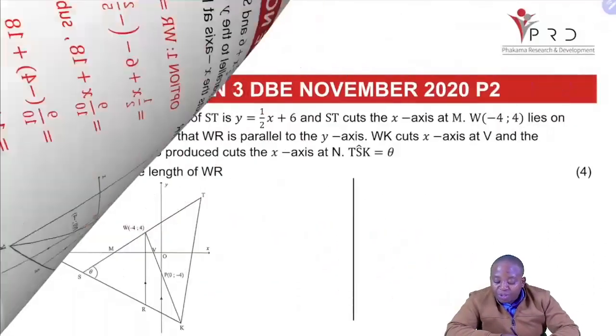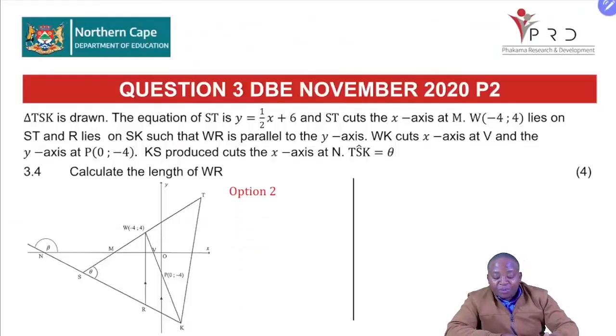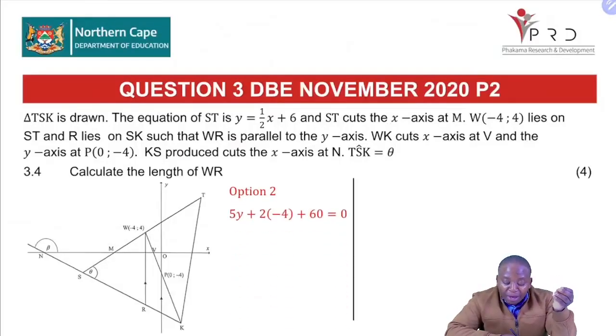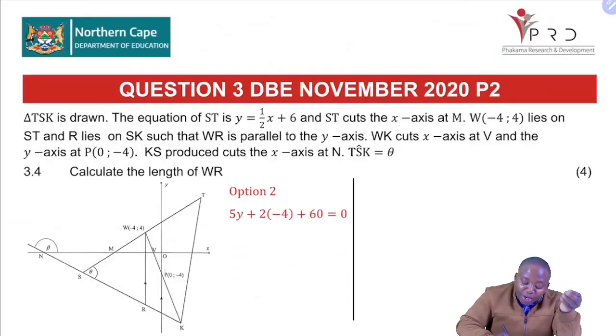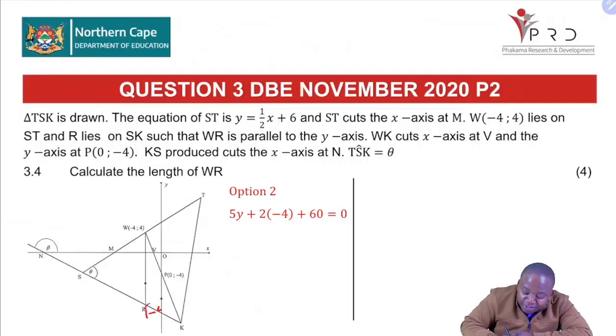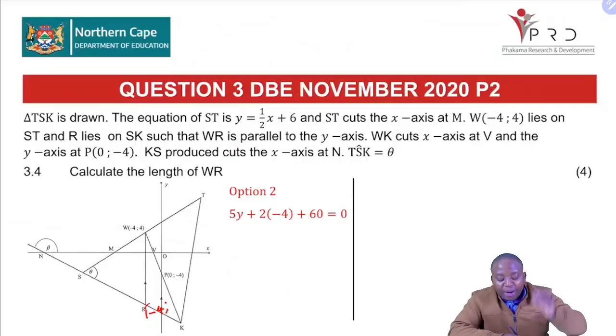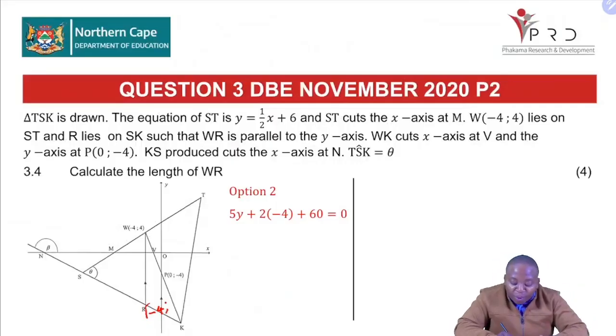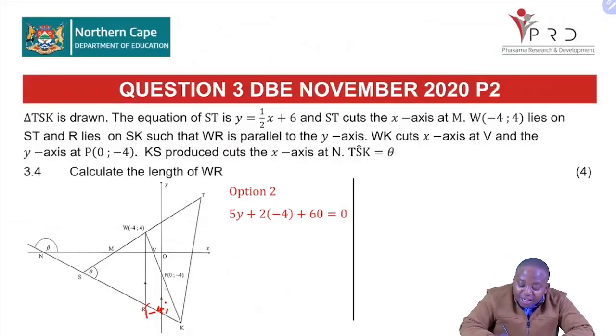On the second option, remember, we said you find the coordinates of R and use the distance formula. Now remember, for our R coordinate, we have already established that the x coordinate of R is -4 because WR is now parallel to the y axis.